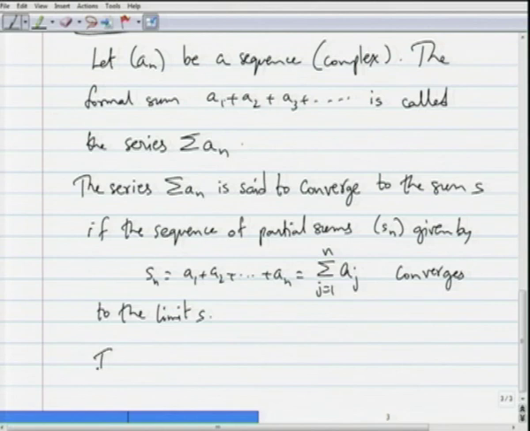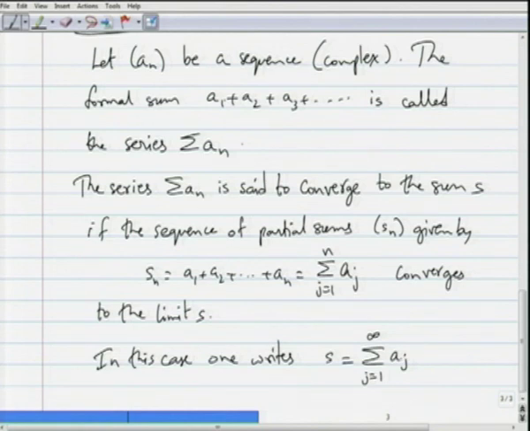In this case, one writes S is equal to the sum over j equals 1 through infinity of a j.